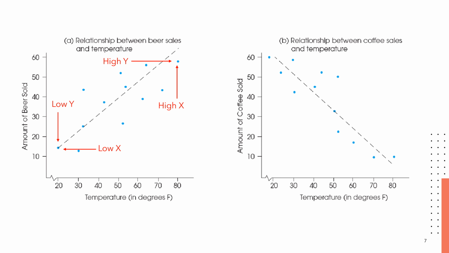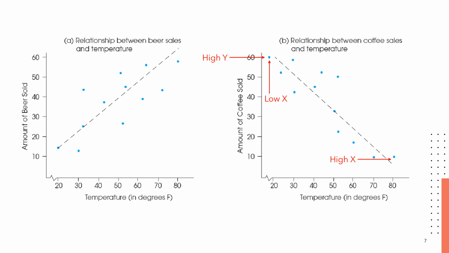Again, this data trends in the same direction. Comparing this to the negative correlation, you can see that a low score on x means a high score on y, whereas a high score on x means a low score on y. Again, negative correlations have an inverse relation between x and y.